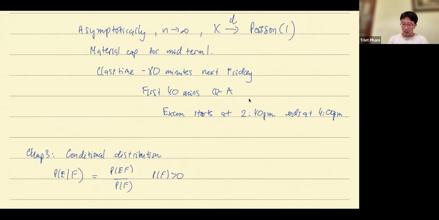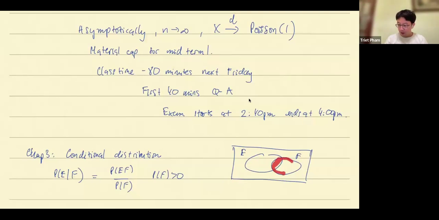It talks about the likelihood of E happening, given the knowledge that F has happened.